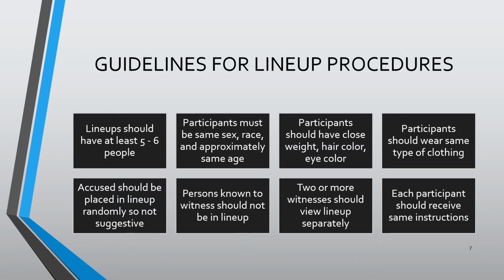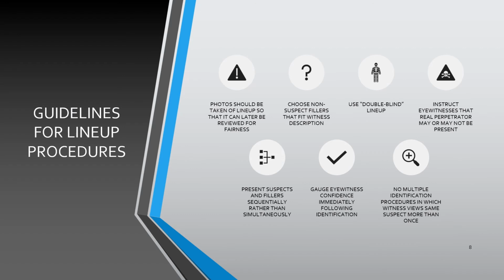The accused should be placed in the lineup randomly so as not to be suggestive. Persons who are known to the witness should not be in the lineup. Two or more witnesses should view the lineup separately. Each participant should receive the same instructions. Photographs of the lineup procedure should be taken so that it can later be reviewed for fairness.